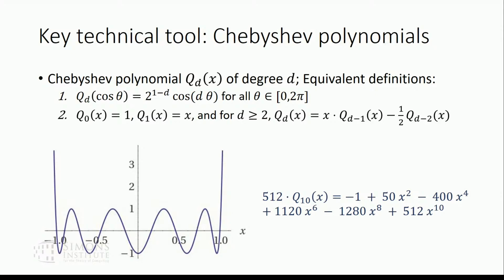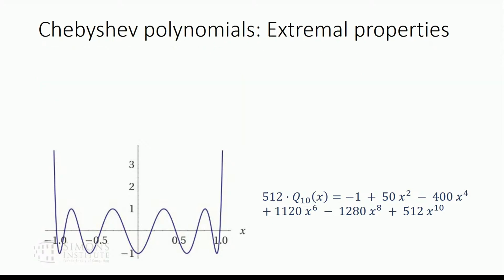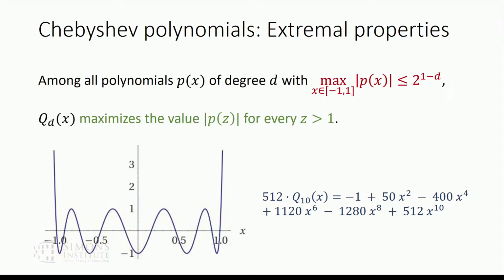The one really nice thing about Chebyshev polynomials that makes them useful here is they have really nice extremal properties. For example, it's known that among all the polynomials of degree d that are bounded in the interval between -1 and 1 by the scaling factor 2 to the 1 minus d, the Chebyshev polynomial is the one that maximizes the value of the polynomial at every point outside the interval from -1 to 1.